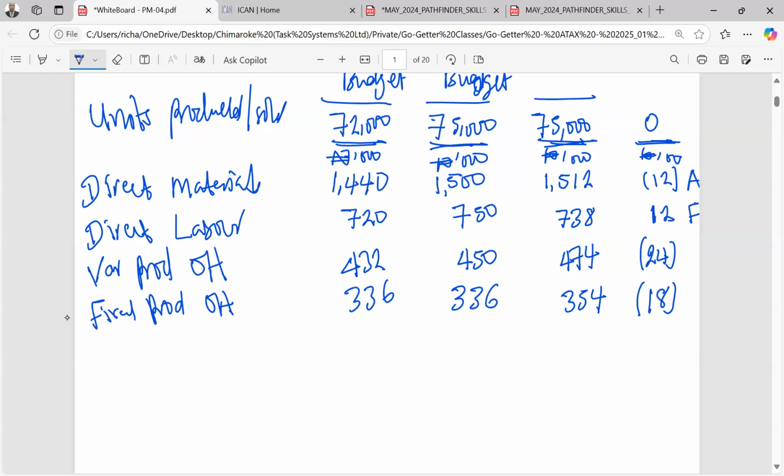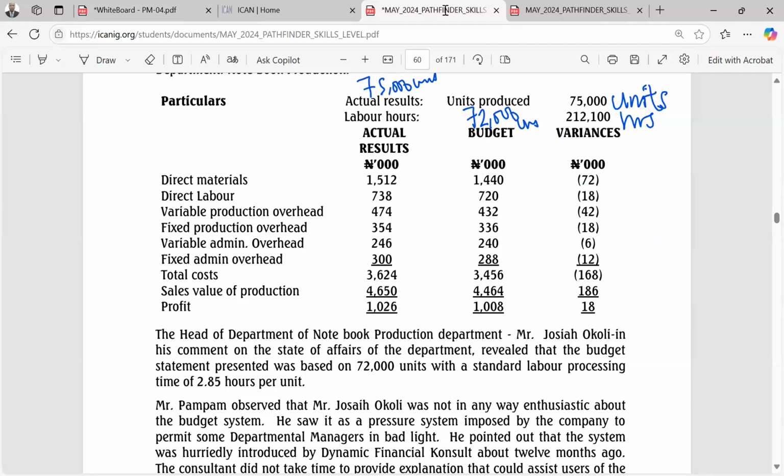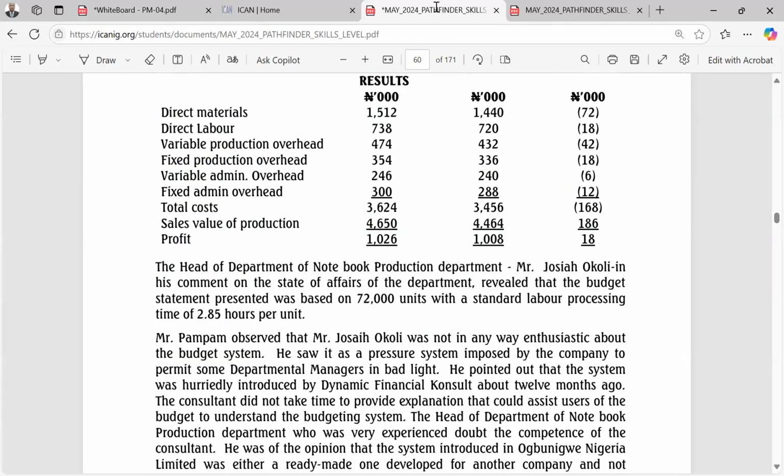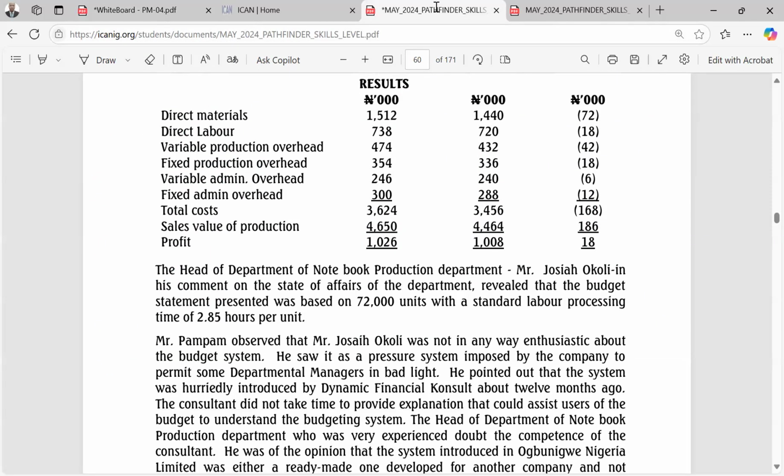Then the next thing to do is variable admin overhead. You have here 246.